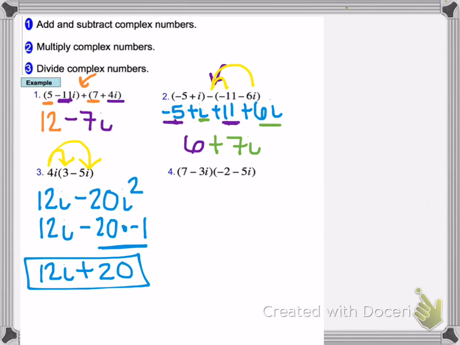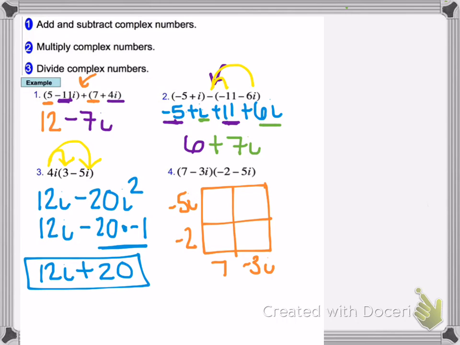In completing this next part, some of you might multiply this using the FOIL method. I like the generic rectangle, so that's what I'm going to do to complete this problem. So I'm going to place my products on the outside, so 7 and negative 3i, negative 2 and negative 5i.